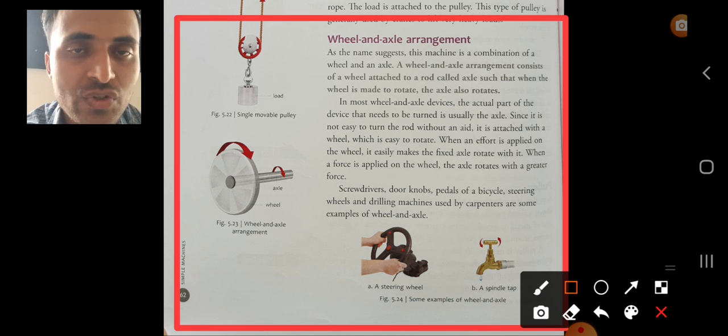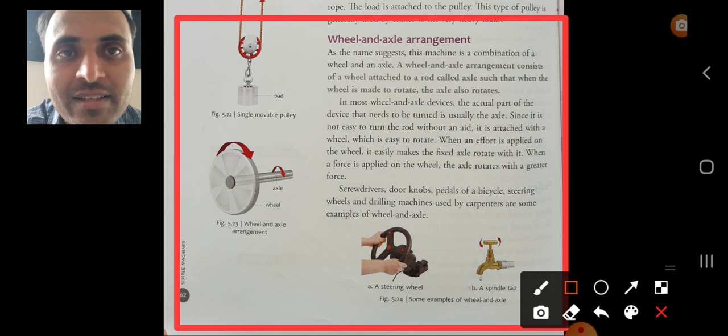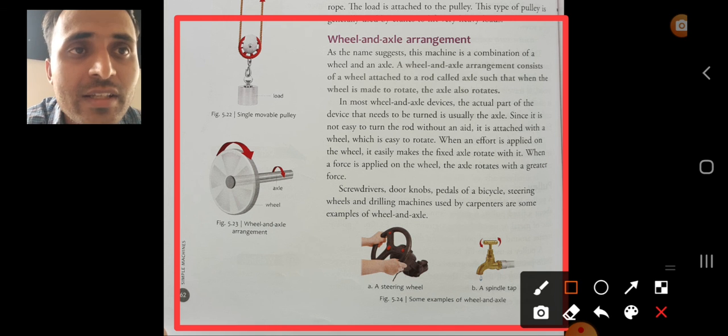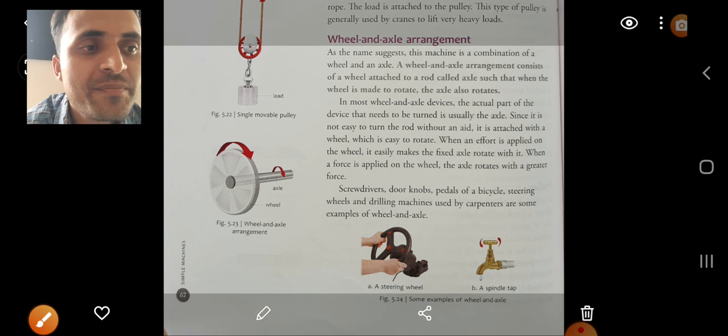So in short, the front wheel is controlled by the axle, and the total movement is controlled by the wheel. This is all about the wheel and axle arrangement. Another example is a spindle tap, which is also one type of wheel and axle arrangement.